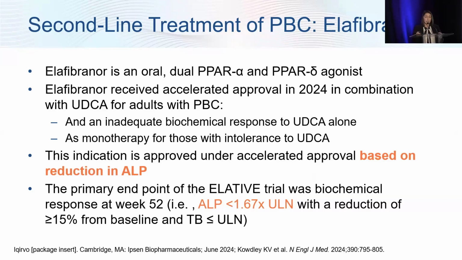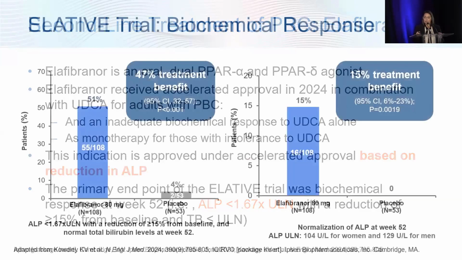This again is to use in combination with urso for those who have had non-response to urso, or if they were intolerant to urso, you can use this as monotherapy. The ELATIVE trial is the double-blind, randomized, placebo-controlled trial that met the primary endpoint of alk phos less than 1.67 times the upper limit of normal, a change of greater than or equal to 15% from baseline alk phos, while maintaining a normal bilirubin.